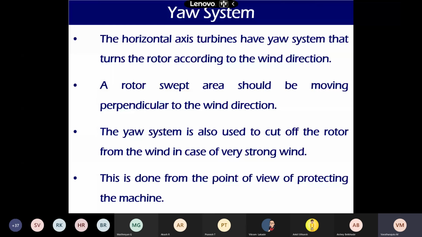And the last one is the tower. The tower on which the turbine is mounted is not just a support structure, but it also raises the wind turbine so that the blades safely clear the ground, and it can reach the stronger winds at higher elevations.